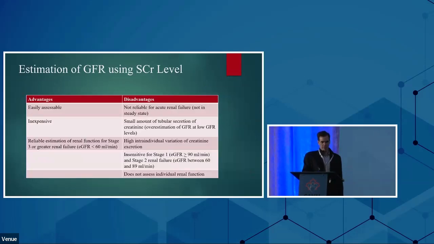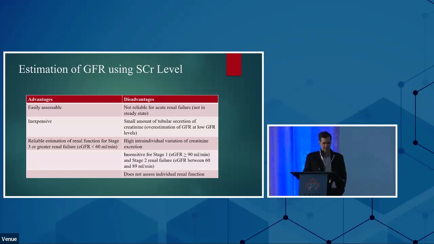Now, the problem with serum creatinine level is that it is not reliable for acute renal failure because it's not in a steady state. It takes a long time for the creatinine level to go up in the blood. But if it is a steady state, it is good. But it's only good for stage 3 renal failure and worse.